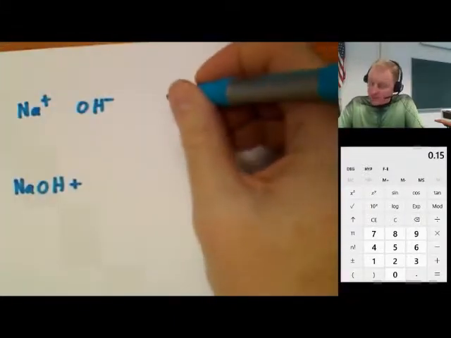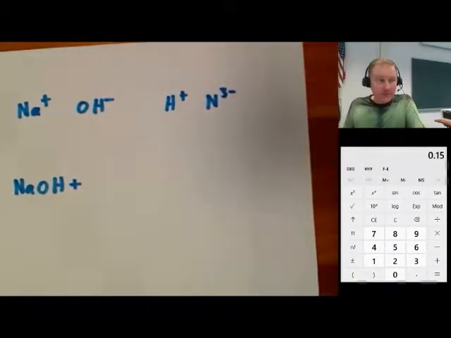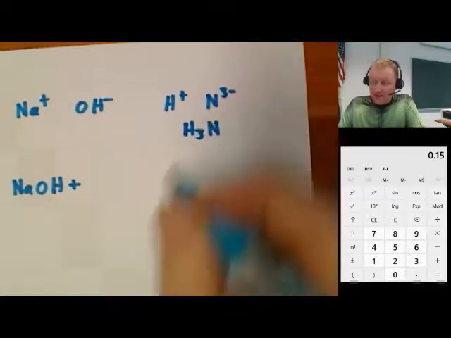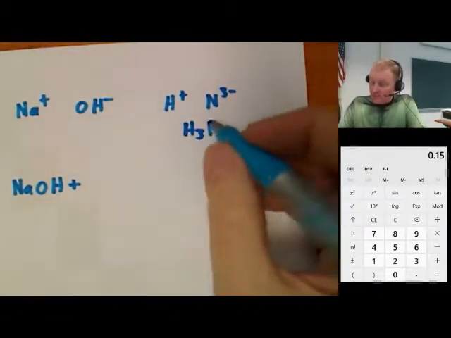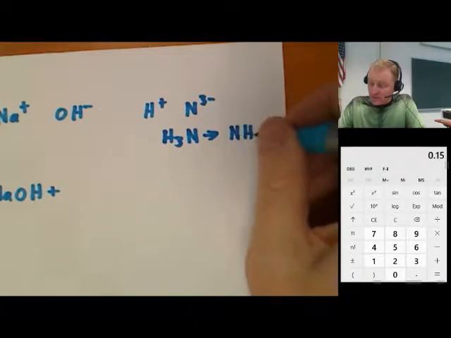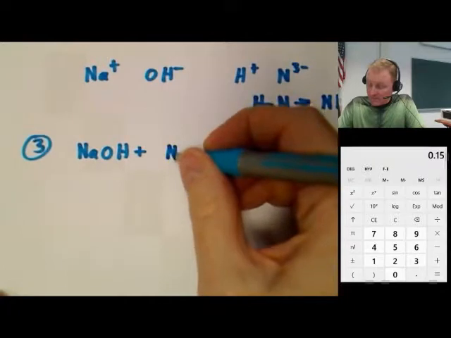So hydrogen would be H positive and nitrogen is 3 negative. So hydrogen nitride would be H3N, but we call this ammonia. We rewrite it like this just for your information, NH3. That's ammonia, NH3.